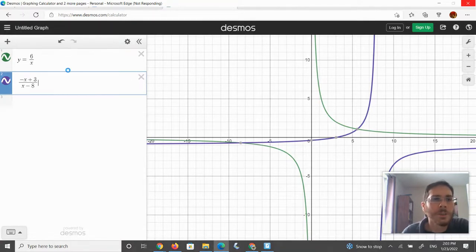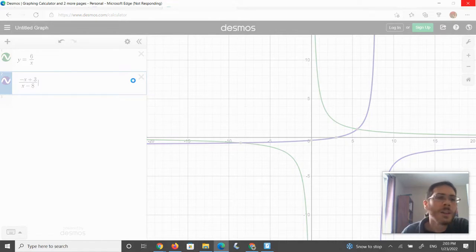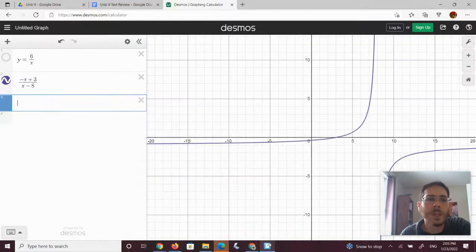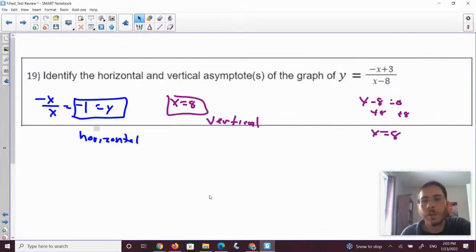Oh, looks like my browser crashed though. All right. Well, anyways, we can kind of see we got the purple one right there. It's kind of hard to see, but yeah, we got 8, and that's at negative 1. Kind of matches up. Oh, my browser's back. Yeah, so x equals 8 right here, and then y equals negative 1. So we end up with same things that we got when we did it by hand.